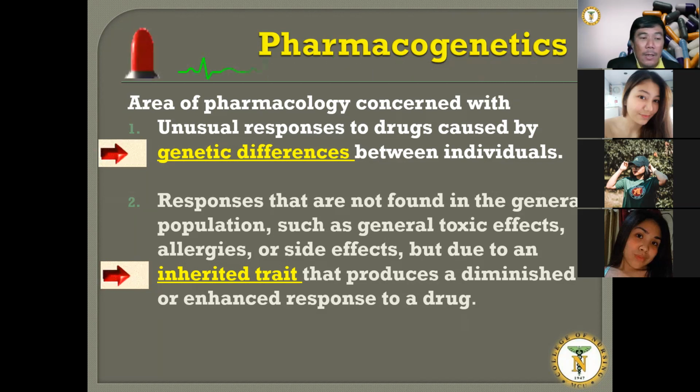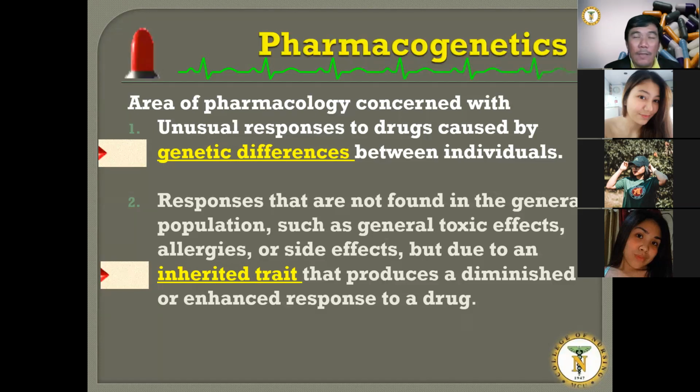So class, a normal individual who may not have diabetes and another individual who may have inherited the chances of having diabetes may have a different response to the drug.